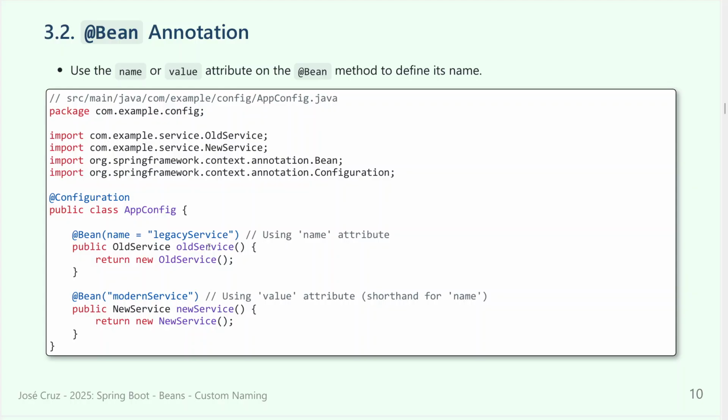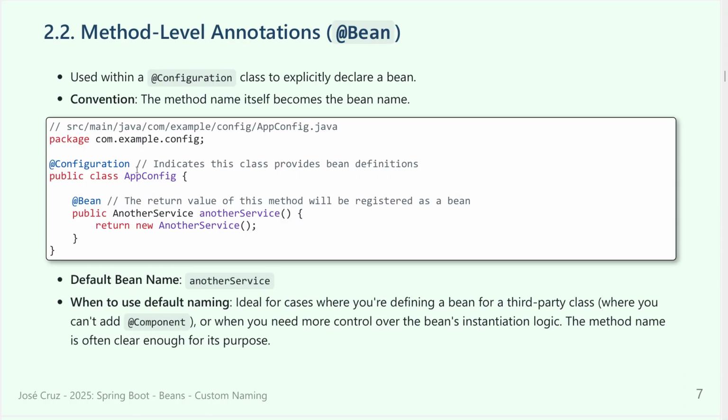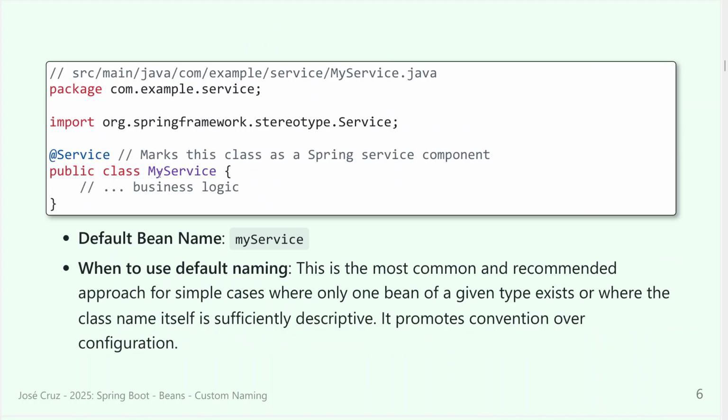So that's one of the reasons, and the strong reason, for you to use explicit names for the beans. It's when you want to maintain some quality on the code, and sometimes you need to refactor, and you can refactor methods, but you can also refactor classes like these ones. For example, this one, and the name of the bean will change internally when the application starts.